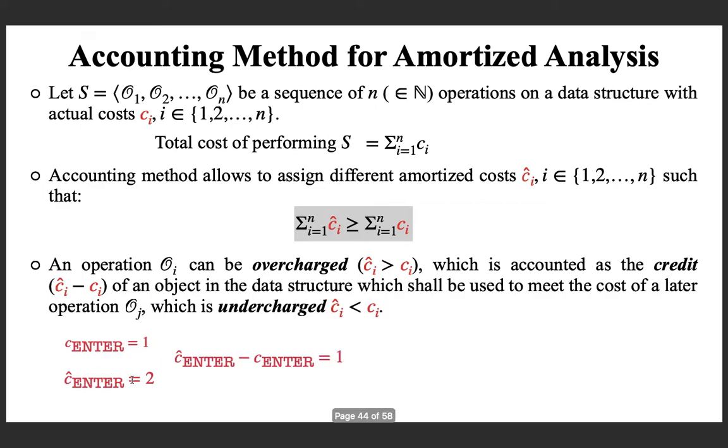So it is overcharged because the difference is positive. Okay, the difference is a positive value. And if the difference is 0, then it is the actual price, right? And now if you look at the exit case, the amortized cost is less than the actual cost, and hence it is undercharged, and the difference is -1. When the difference is negative, it is undercharged, and when it is positive, it is overcharged.